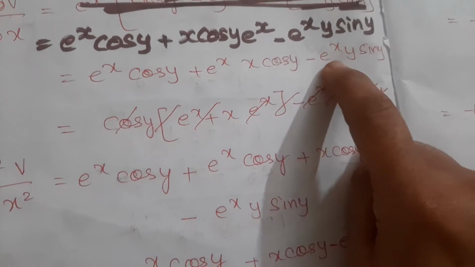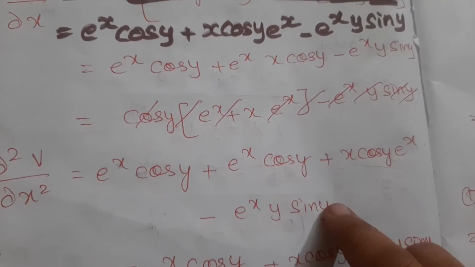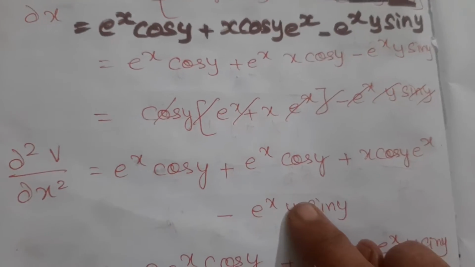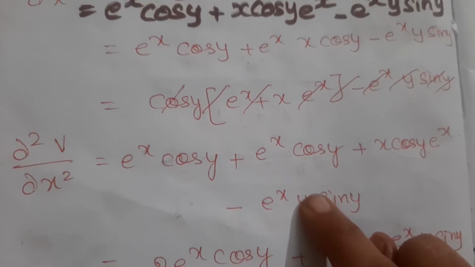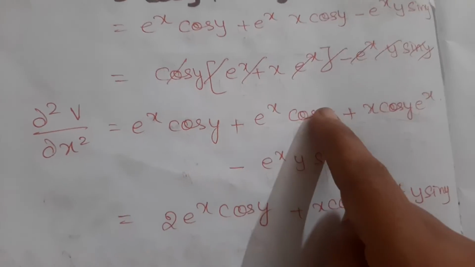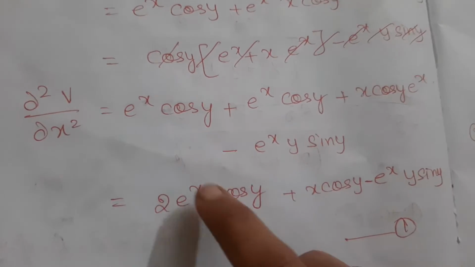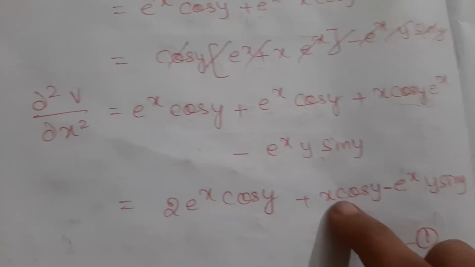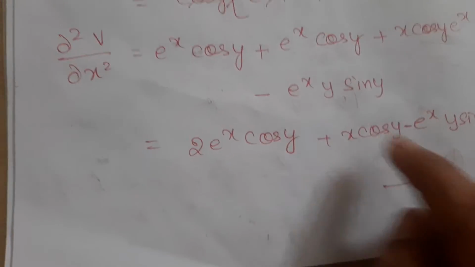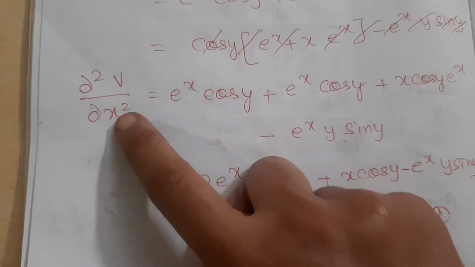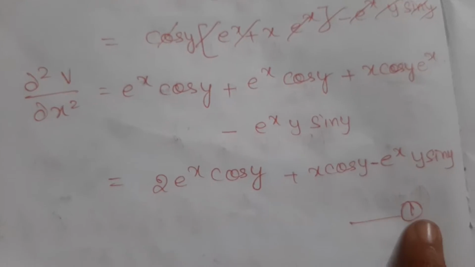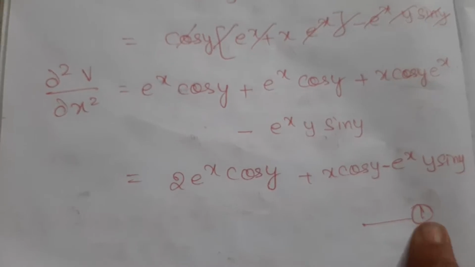For the last term, y sin y is a constant, and the differentiation of e power x is e power x. So that gives 2 e power x cos y plus e power x x cos y minus e power x y sin y. This is the second derivative of v with respect to x, and I keep this as the first equation.